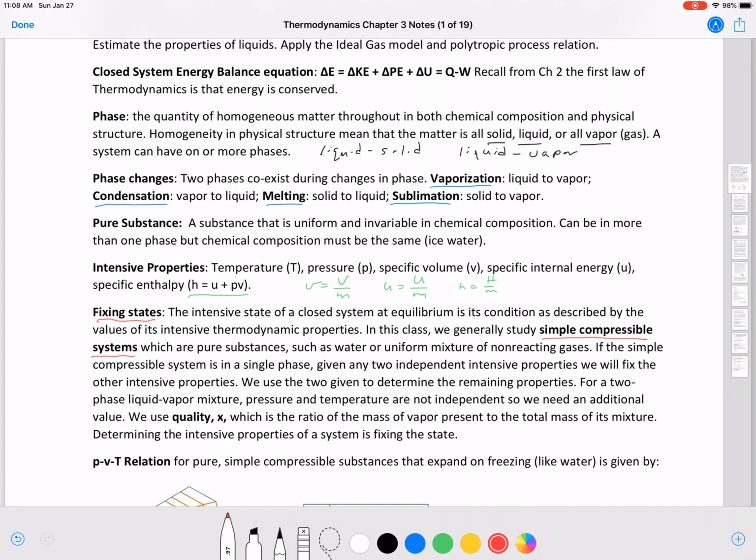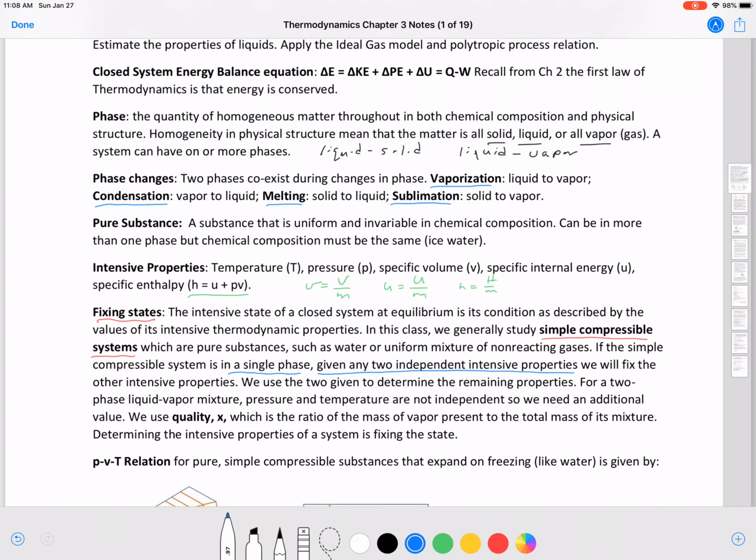If the simple compressible system is in a single phase, meaning that it's all liquid, all solid, or all vapor, then given any two independent intensive properties will fix the other intensive properties.